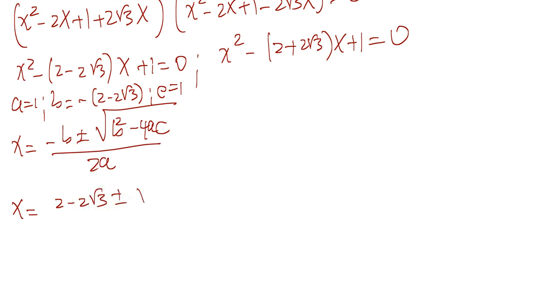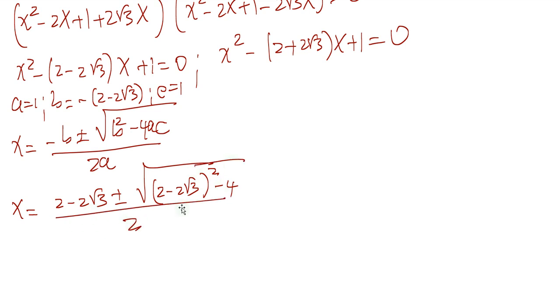Plus or minus the square root of this thing to the power of 2, so we're going to have just (2 plus 2 square root of 3) to the power of 2, and then minus 4ac, a is 1, c is 1, and so we got just 4, and then all divided by 2.